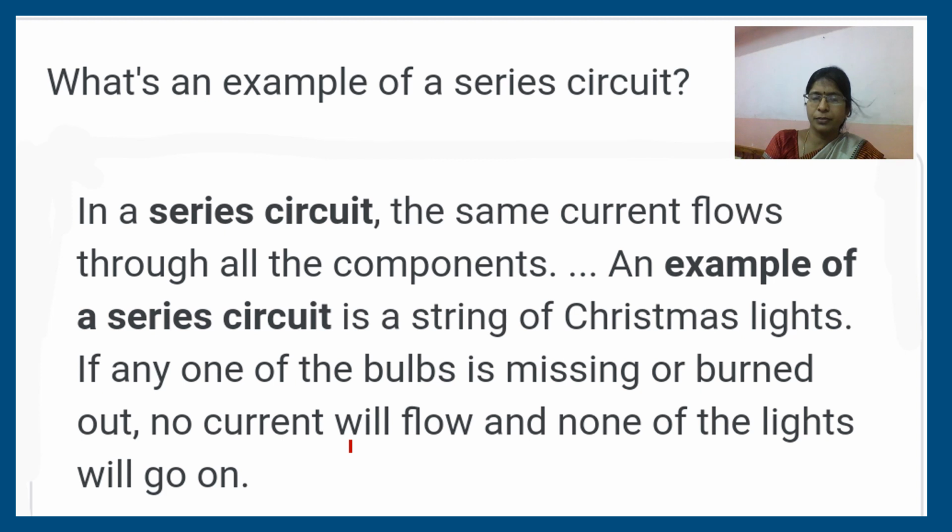But if any of the bulbs is missing or burned out, which means that current is not flowing, then automatically the other bulbs also don't glow. So the flow of electric current is stopped there. This is an example of an electric circuit in which all the components are connected in series.